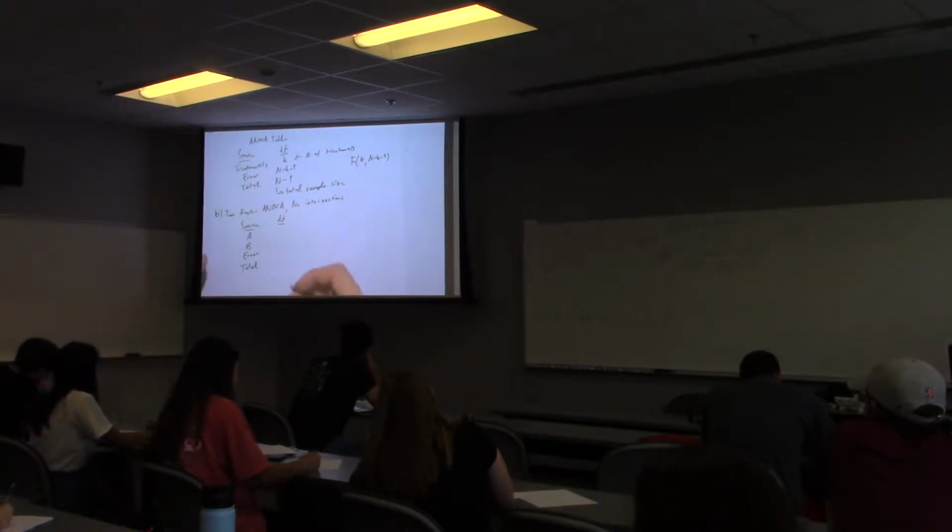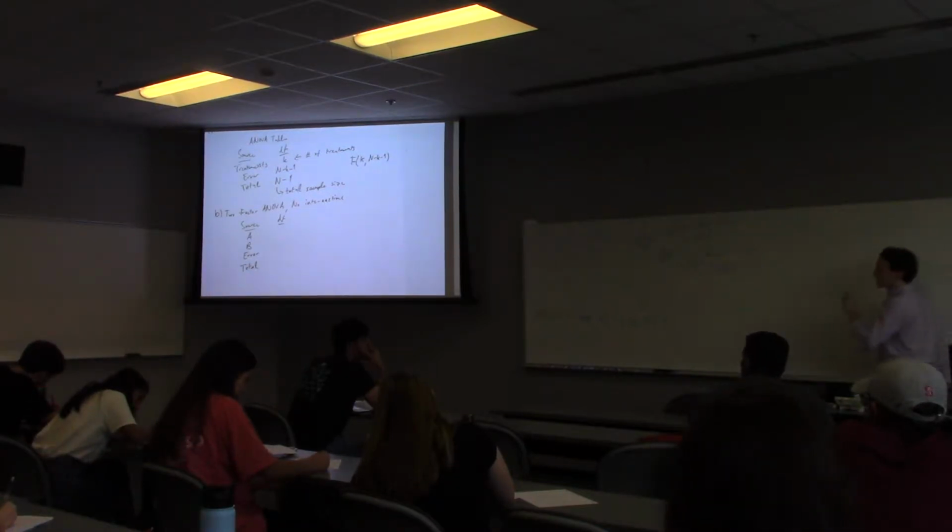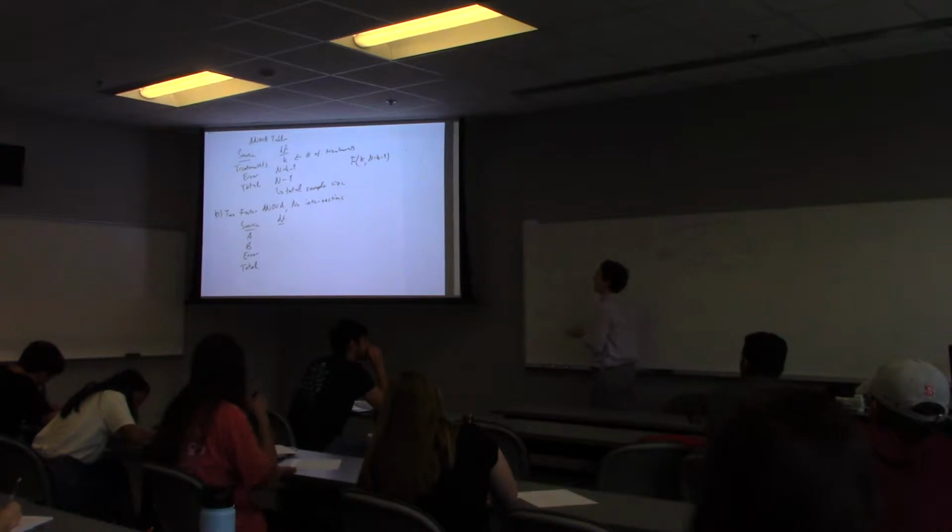Now you have to be careful, because you get two different F statistics when you're dealing with two-factor ANOVA. You've got multiple hypotheses to deal with.